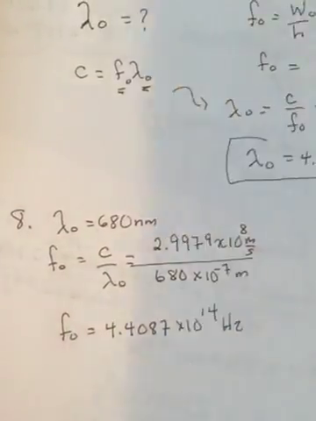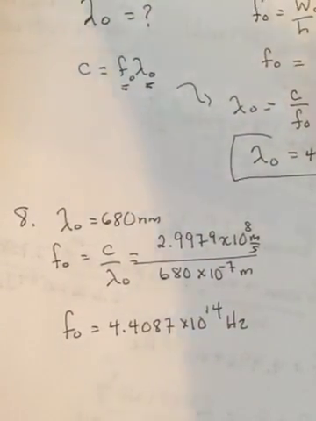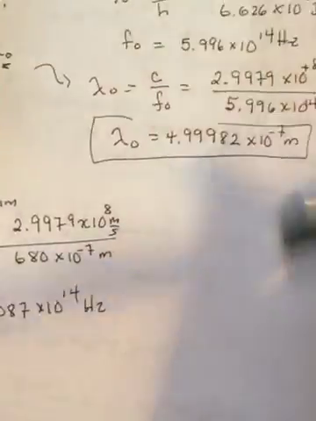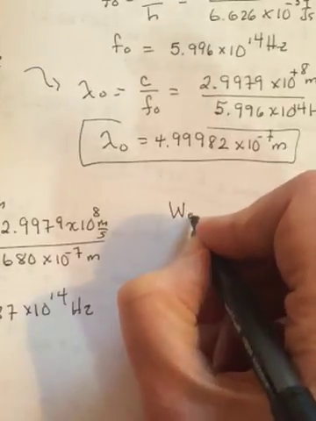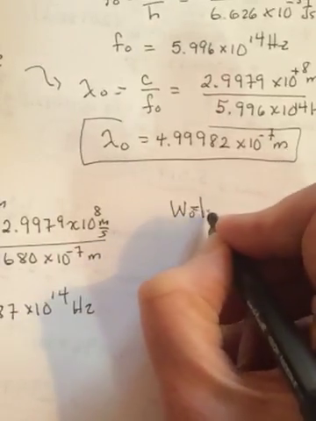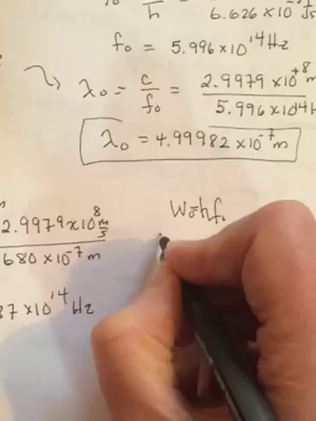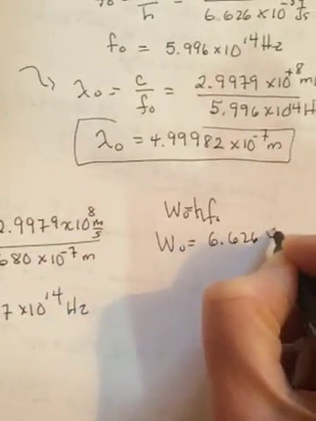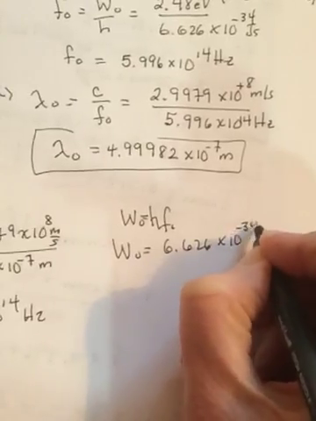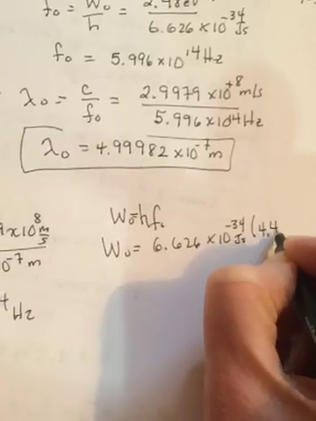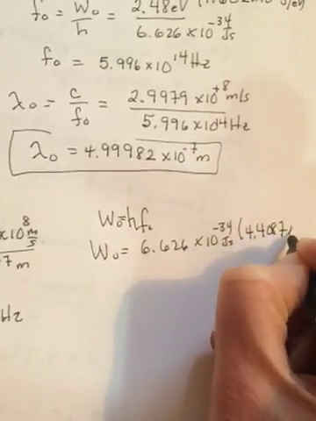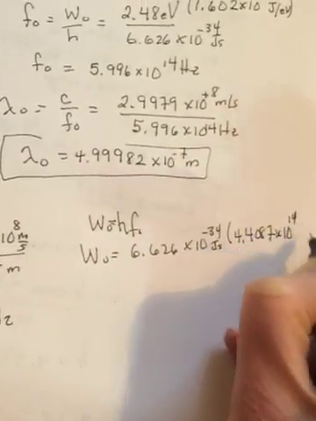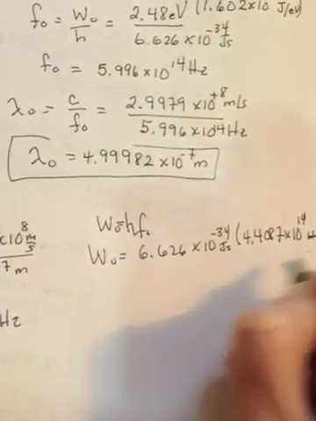Okay, so that's your f0, but the question wants to know what should be the work function. So once you get your f0, then find W0. So W0 equals hf0. So W0 equals 6.626 times 10 to the negative 34 joule seconds times that 4.4087 times 10 to the 14th hertz.